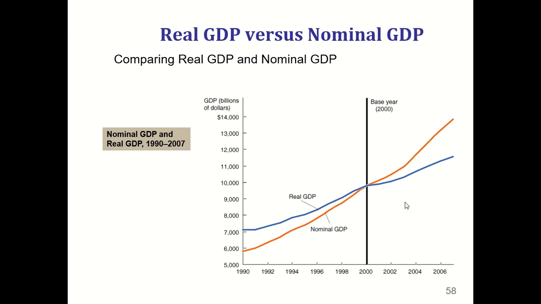In fact, if you see the nominal GDP in the post 2000 period, suppose 2000 was the base year, post 2000 we find the nominal GDP is always higher than the real GDP in this case. But before 2000, nominal GDP is less than real GDP. Why do these two curves intersect in this manner?